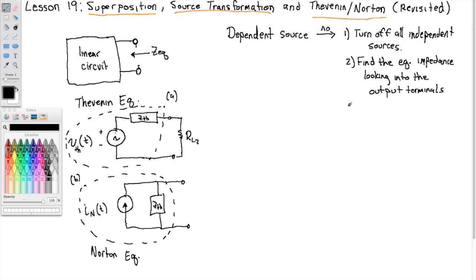All right, and then, okay, this gives you the Thevenin impedance. Okay, so this was to find the Thevenin impedance.